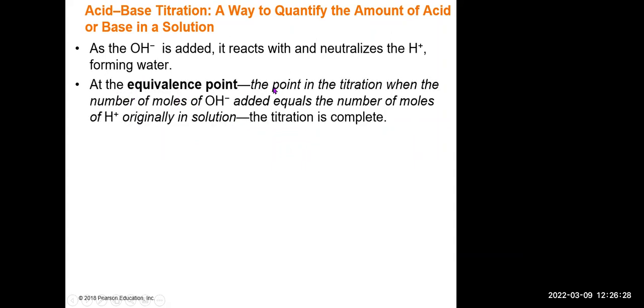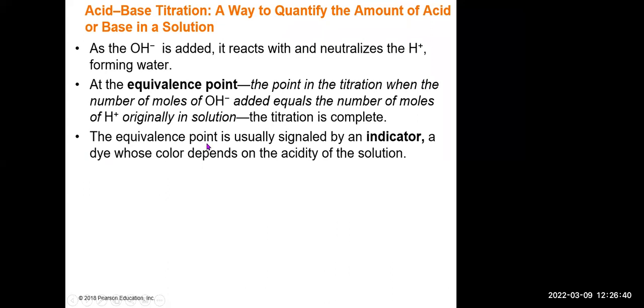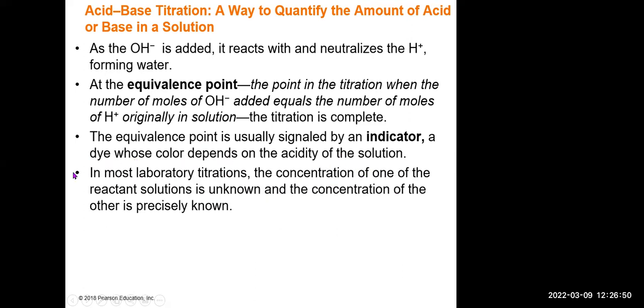At the equivalent point, the point in the titration when the number of moles of OH- added equals the number of moles of H+ originally in the solution, the titration is complete. The equivalent point is usually signaled by an indicator, which is a dye whose color depends on the acidity of the solution, or you can use a pH meter.